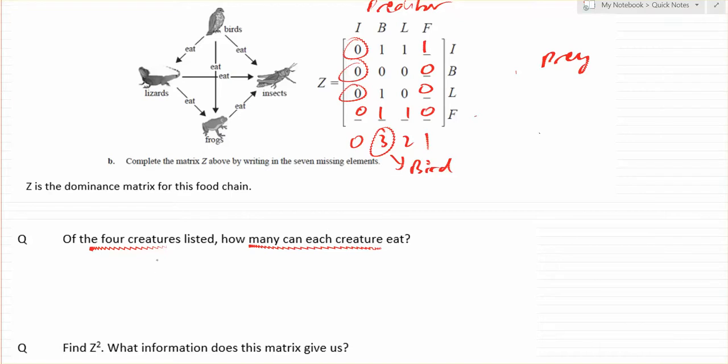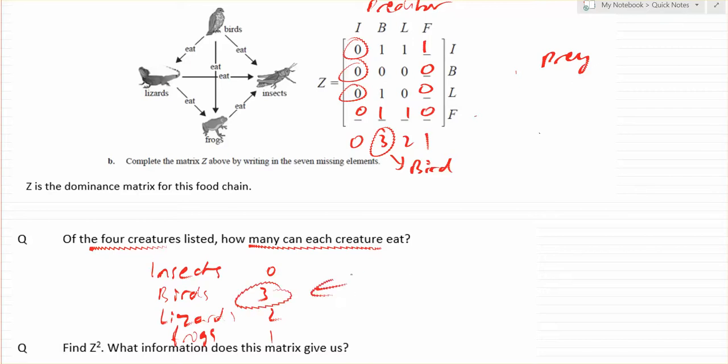Insects 0, birds 3, lizards 2, frogs 1. So directly, birds are most dominant.